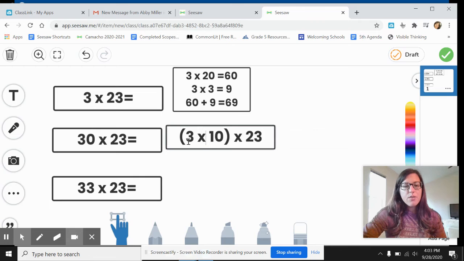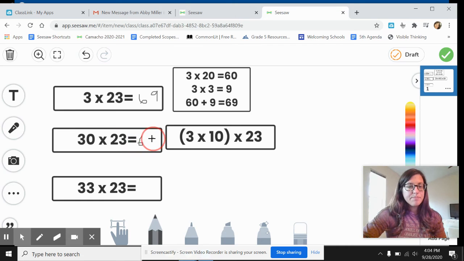So I already know that 3 groups of 23 from this problem up here is 69. So all I need to do is multiply that by 10. And 10 is a friendly number to multiply by. So our first one, we got 69. Now we're actually just really multiplying that by 10 to get 690.